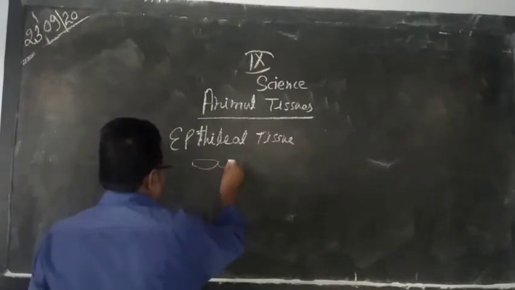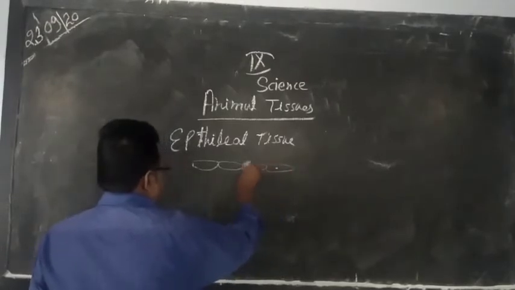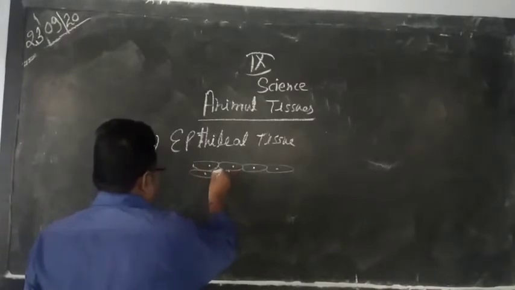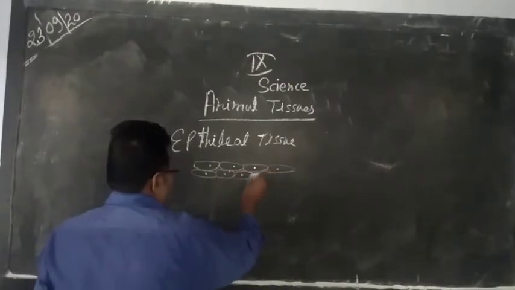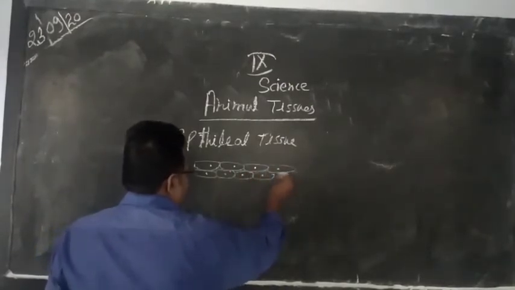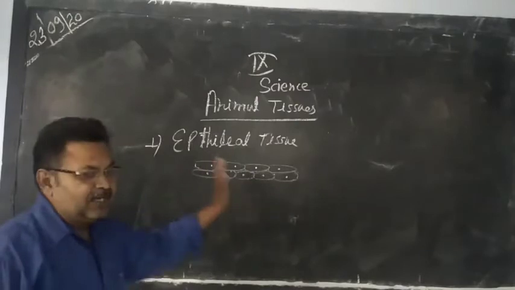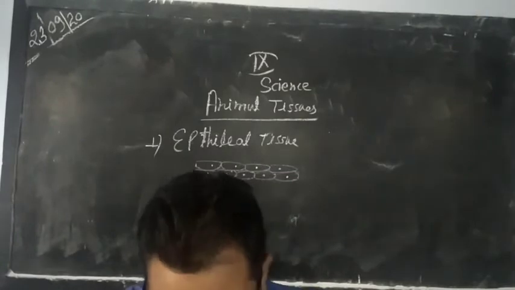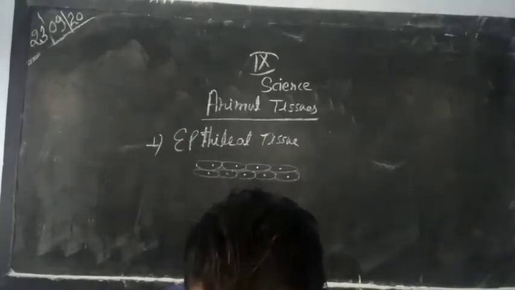These epithelial cells are arranged in a compact manner, and the intercellular space between these cells is very little. This group of cells protects our internal organs and forms the lining of many organs and cavities. Such cells are known as epithelial cells and tissues made up of these cells are known as epithelial tissues.